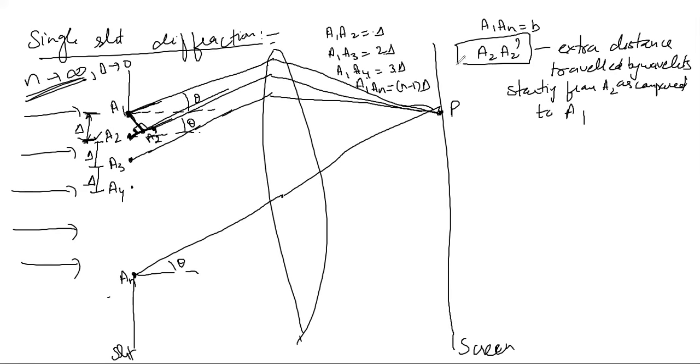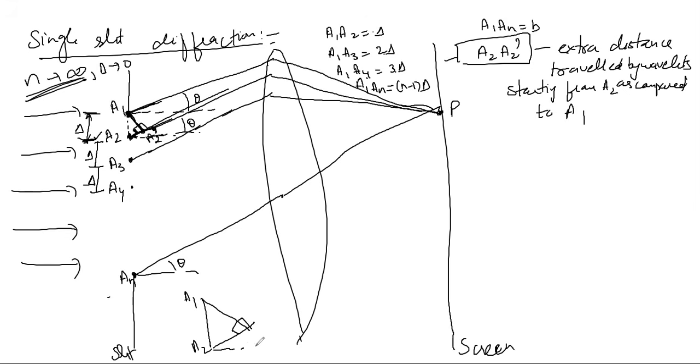So here we said A2 prime is the extra distance traveled over here. Now let me draw this triangle again. This angle is theta here, and this is the perpendicular here. This is also perpendicular, right? So I'm saying that this is your A1, this is your A2. यहाँ से मैंने इसके ऊपर एक perpendicular draw किया है.